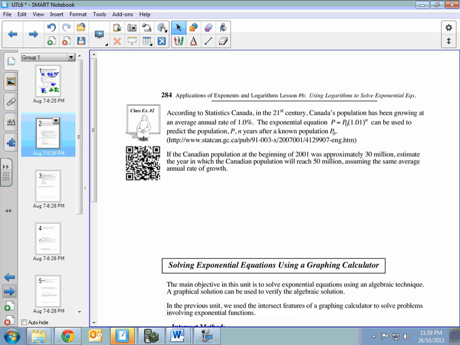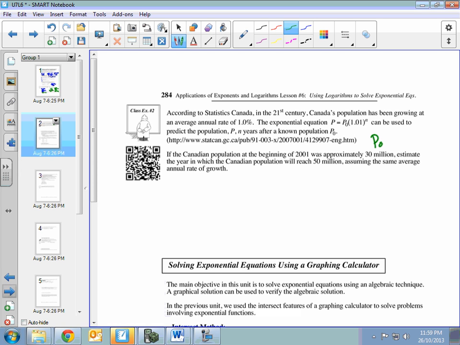The Canadian population at the beginning of 2001 was approximately 30 million. Estimate the year in which the Canadian population will reach 50 million, assuming the same average annual rate of growth. The population at the beginning of 2001 is your P naught, which is always your initial population.